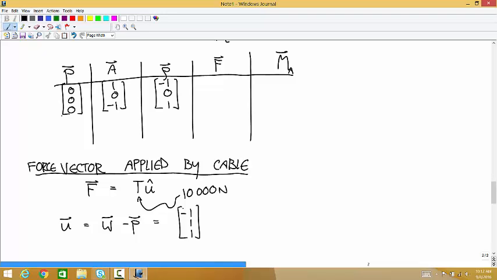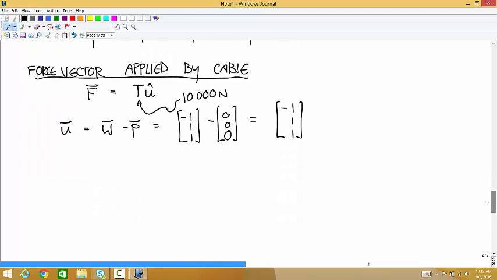And then the coordinates of p, we've already dealt with that. P is at the origin, so that's just 0, 0, 0. And so this u vector is negative 1, 1, 1. But that's not a unit vector, so now we have to divide by the magnitude of this.